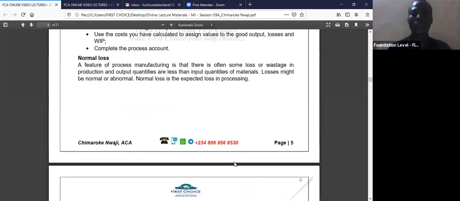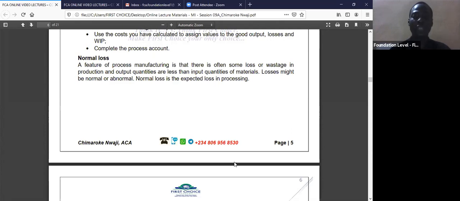What do we call normal loss? Normal loss is the loss that you expect to make in the course of your production. Let's say, for example, you are distilling petroleum products and you find out that you are going to experience evaporation of your liquefied natural gas. And so you are going to give allowance for normal loss.